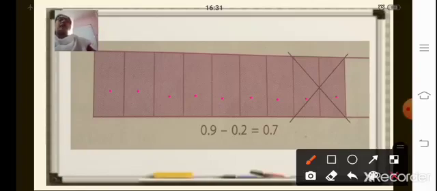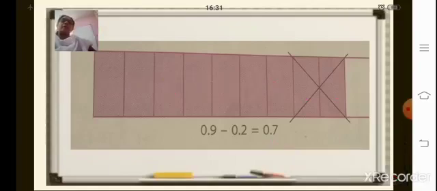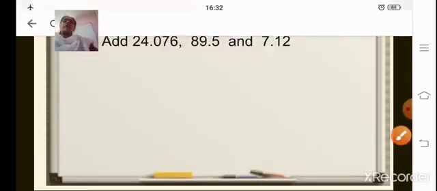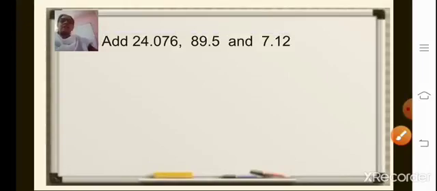So out of that 9 equal parts, that is 0.9 minus 0.2. So what are the parts remaining now here? 1, 2, 3, 4, 5, 6 and 7. That is, 2 parts are taken out, so the total parts remaining is 0.7. Yes.